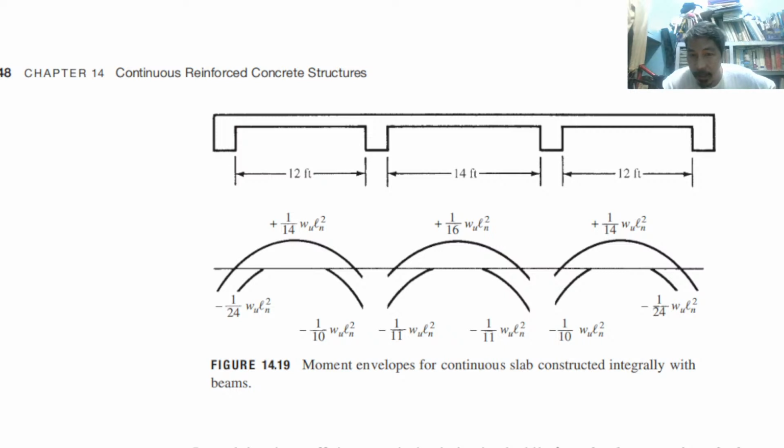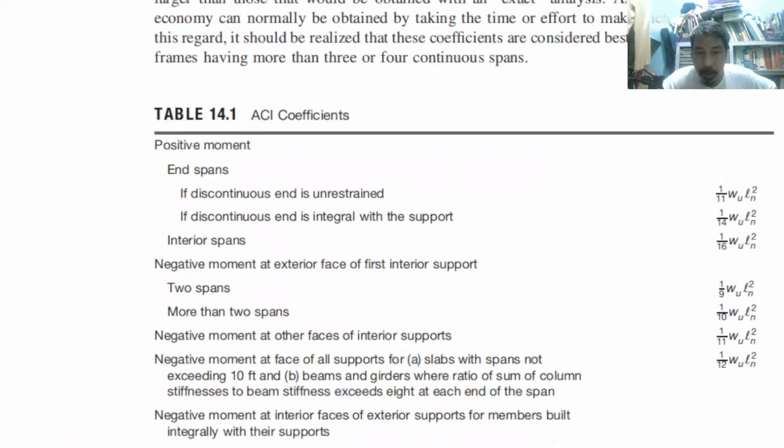But if that is not a beam but rather a column, the value here is 1 over 16. Note the difference. 1 over 16 is bigger than 1 over 24. So if a beam supports the slab, that is better because the moment is smaller, 1 over 24. But if the column directly supports the slab, that is 1 over 16.